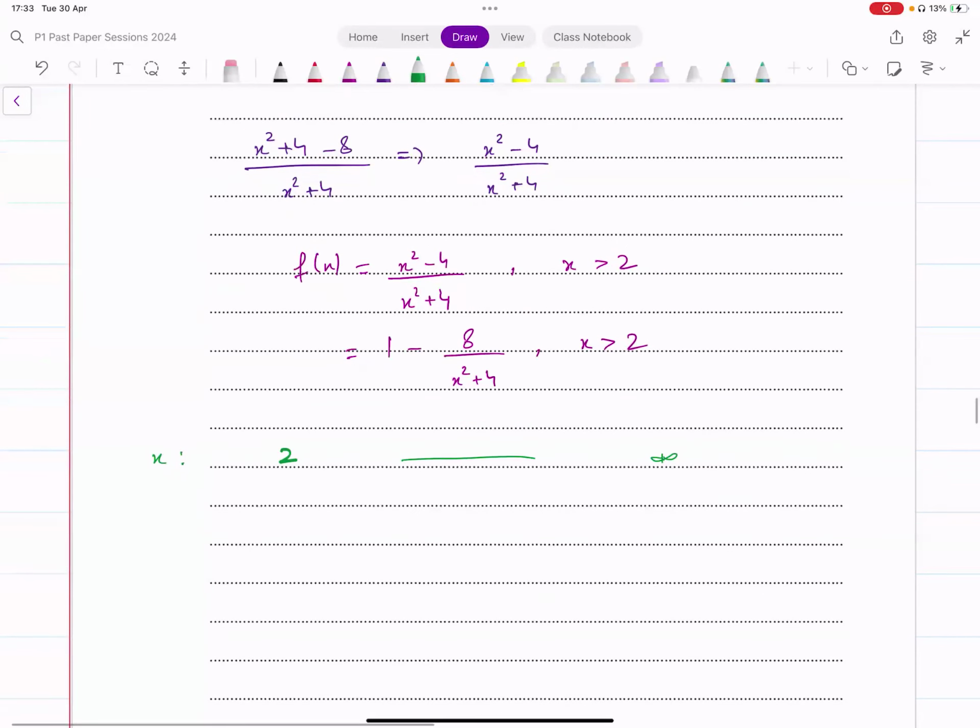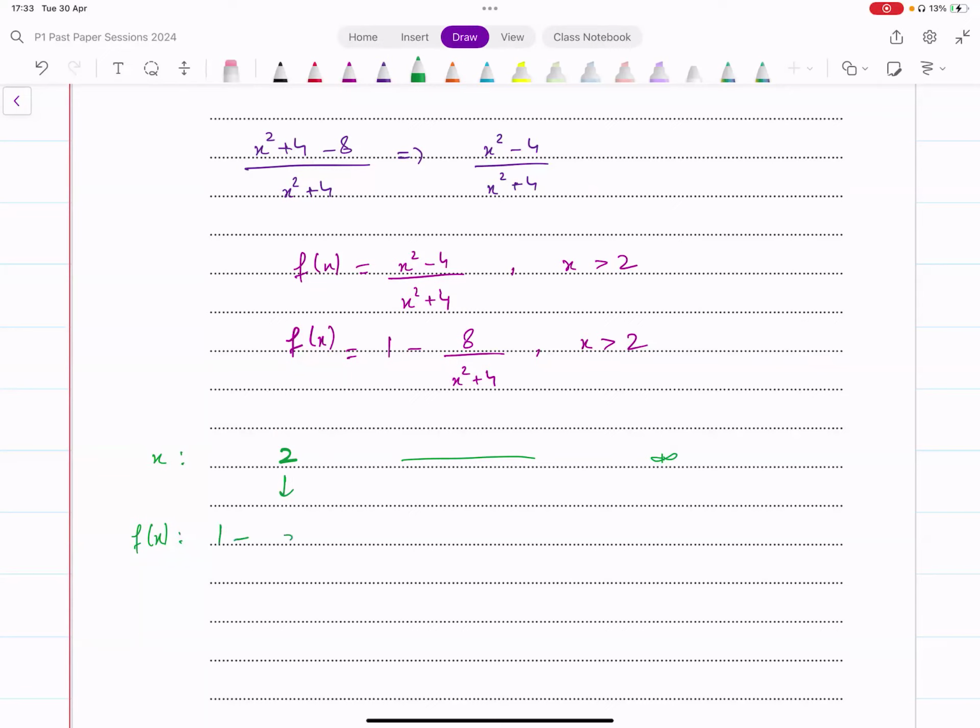And now we need to figure out what the corresponding possible values for f of x can be. We can input x equals 2 here, and that will give us the corresponding value. When we input x equals 2 there, what do we get?